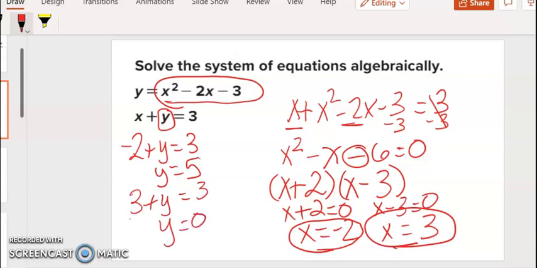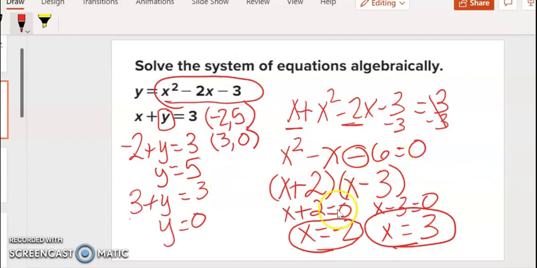So my solutions are negative 2, 5, that's one of my solutions, and my other solution is 3, 0. So algebraically, we can substitute in an expression for one of the variables, solve for x or y, and then find the other value.